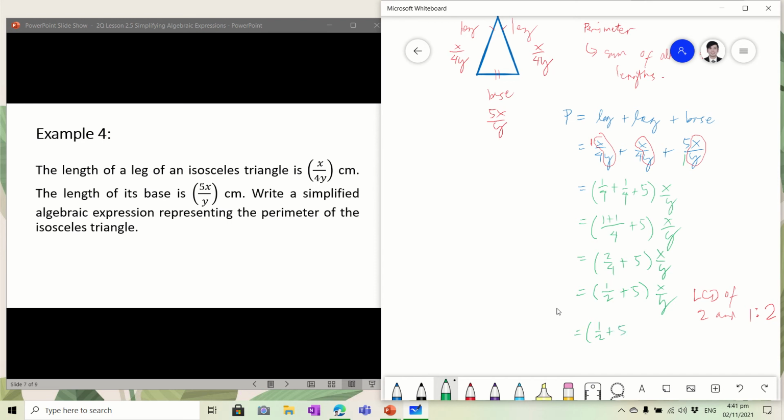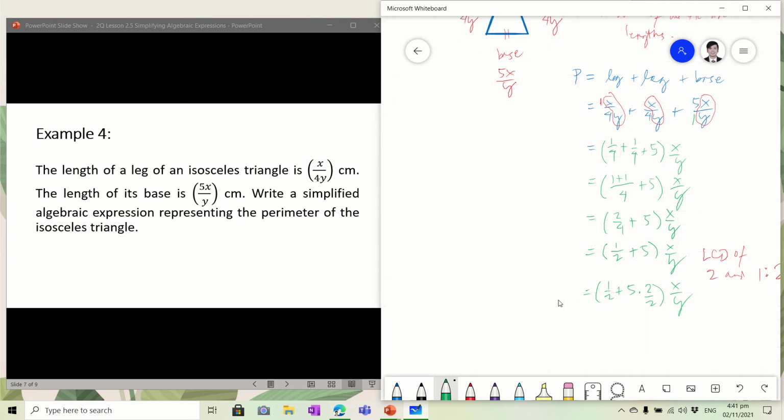But the 5 has a 1 in the denominator, so we still have to multiply by 2 over 2. So this will result in positive 1/2 plus 5 times 2, 10, 10 over 2. So there you go. They have the same denominators already. That means we can just copy the common denominator, 2, and then add the numerators. 1 plus 10 is 11. So the answer is 11x over 2y.